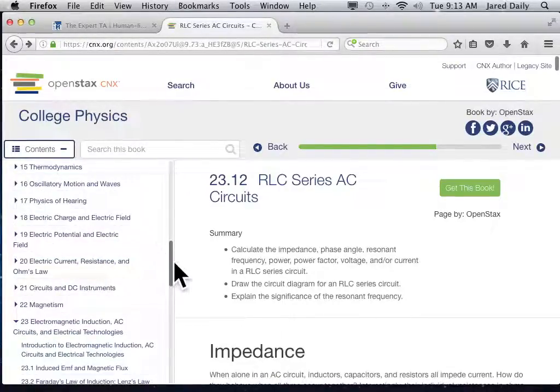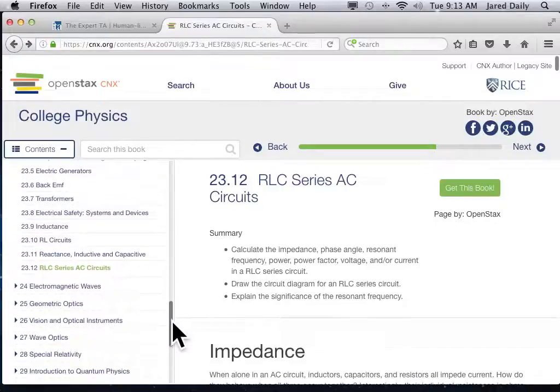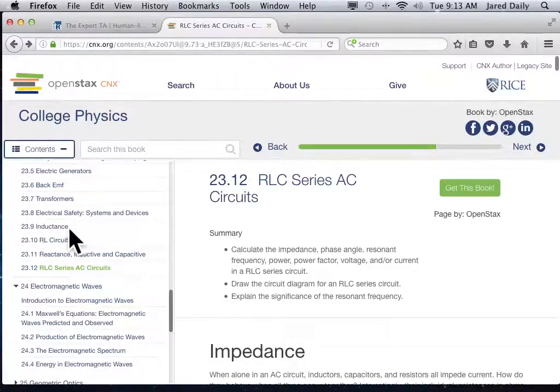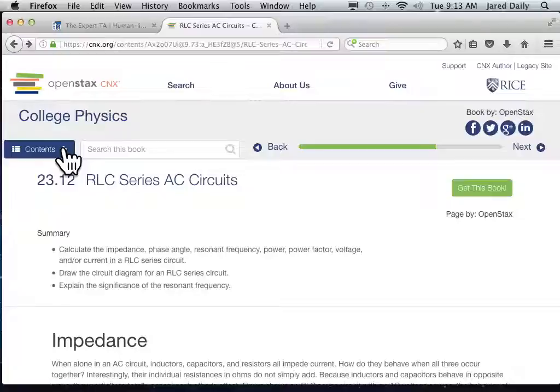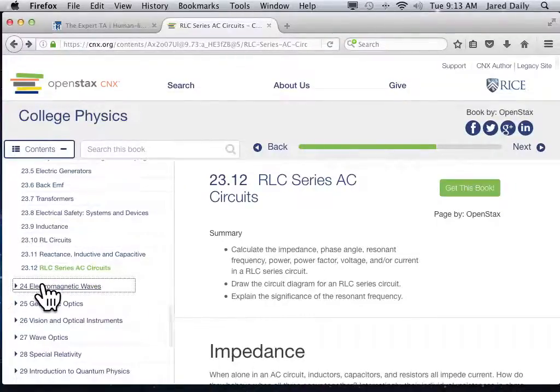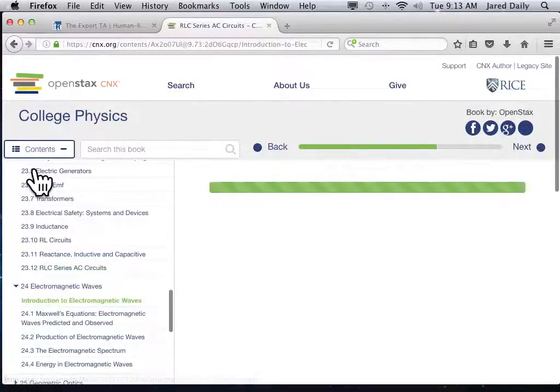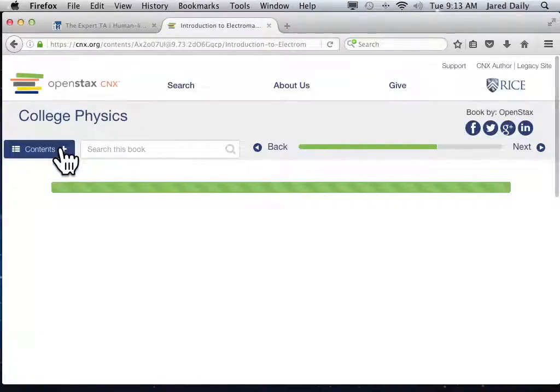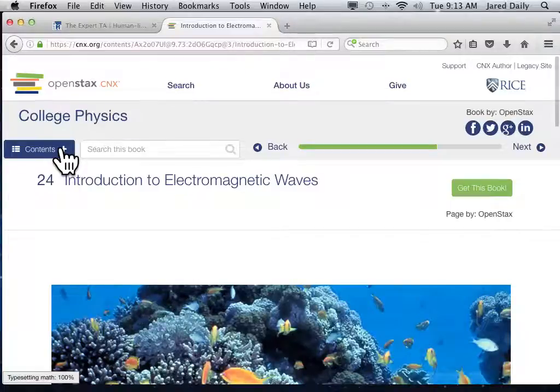All right. We're now moving on to electromagnetic waves. We've talked about static electricity, and then we talked about static magnetism. Those are electricity and magnetism that don't involve movement or change.